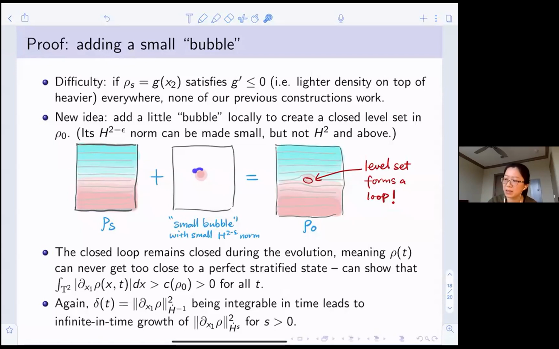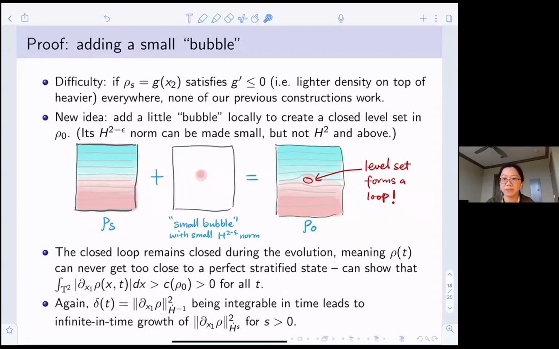For example, if this small bubble here is not strong enough to create a loop in the level set, then we have no idea whether there will be this nonlinear instability or not. If it just creates a little wrinkle in the level set, but does not change its topological structure, then maybe there is a possibility that it could eventually be straightened out.